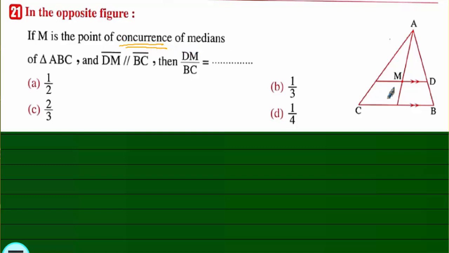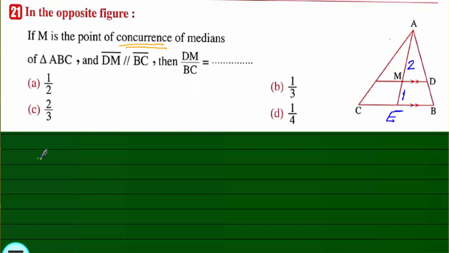So M divides AE, I'll call this E, by the ratio 1 to 2 from the base. And in triangle ABC, we have DM parallel to BC. Then the required here is to find DM over BC.